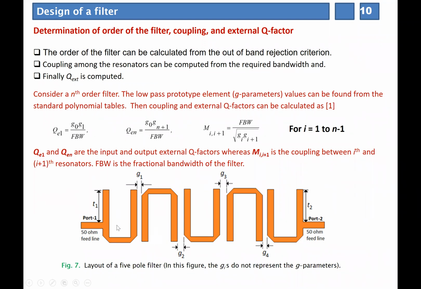Generally what happens is that at the starting end, higher coupling is required. In the middle, this is a symmetrical structure, so G2 and G3, these two gaps will be the same. That means coupling between resonators 2 and 3 will be the same as coupling between resonators 3 and 4. And in this figure, I have drawn it like that.